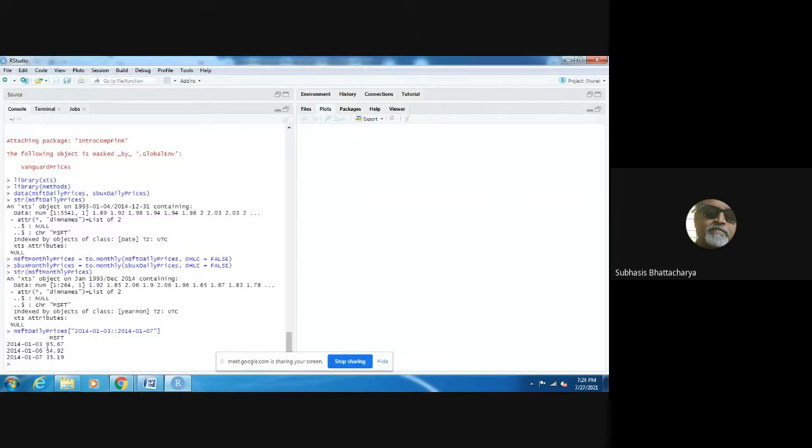Microsoft's values are like this: 35.67, 34.92, and 35.91. So I consider this for 1st March.